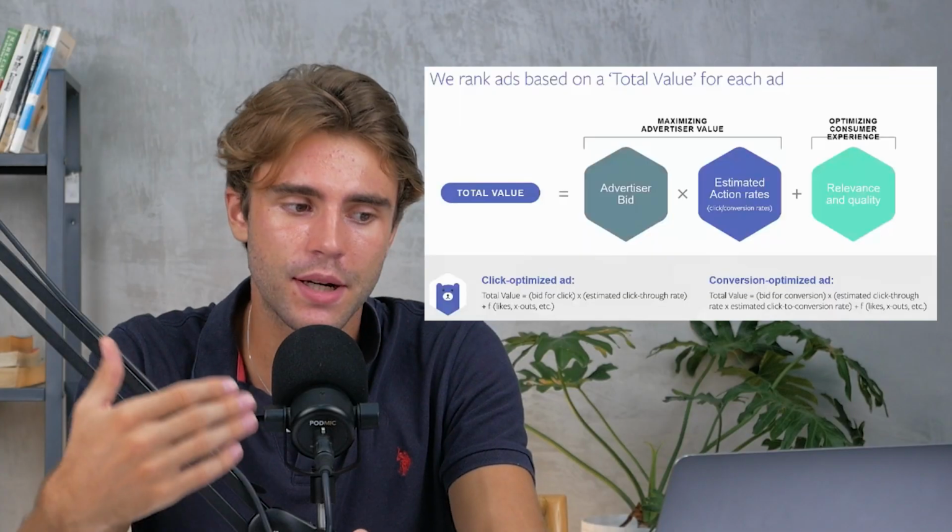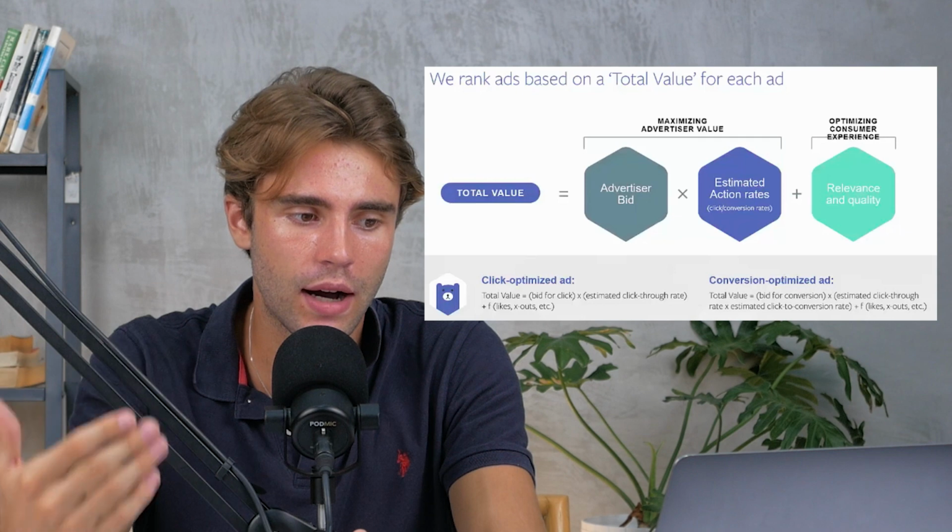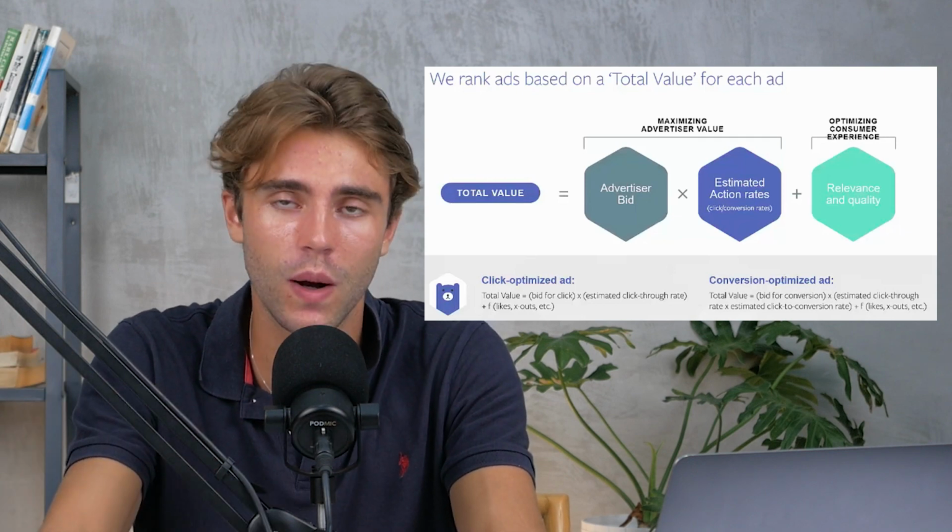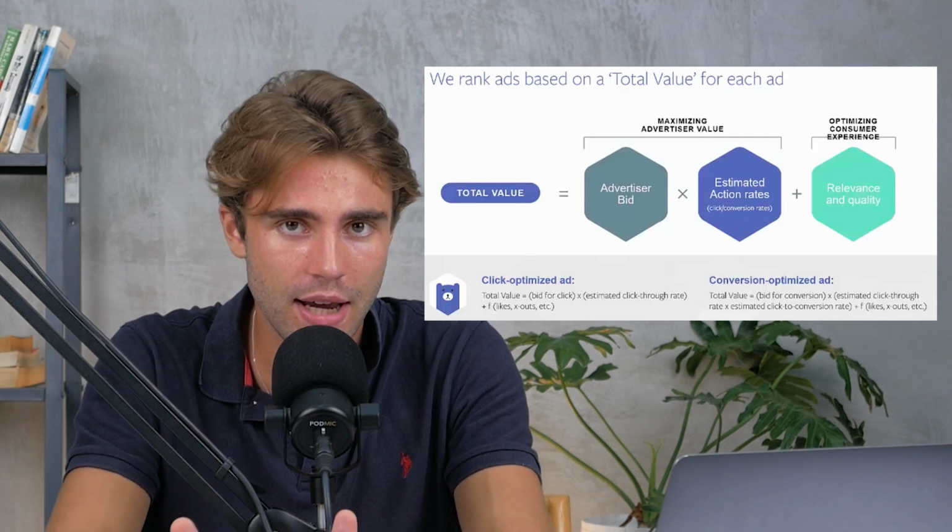The second input, our CPM, depends on a lot of different variables that we cannot directly influence. Facebook is really transparent about the way they put together their CPM, which is advertiser bid times estimated action rate, plus relevance and quality of the particular ad, creative or brand.